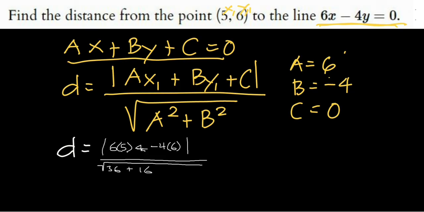Yes, simplify. So 6 times 5 is 30. Yes. 36 plus 16, square root of 52.